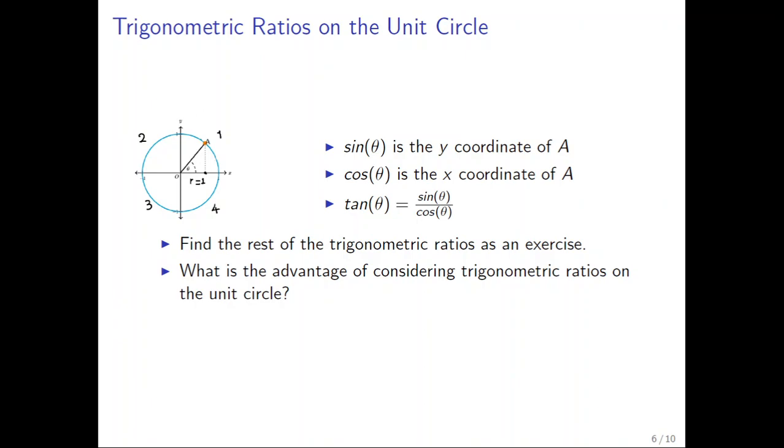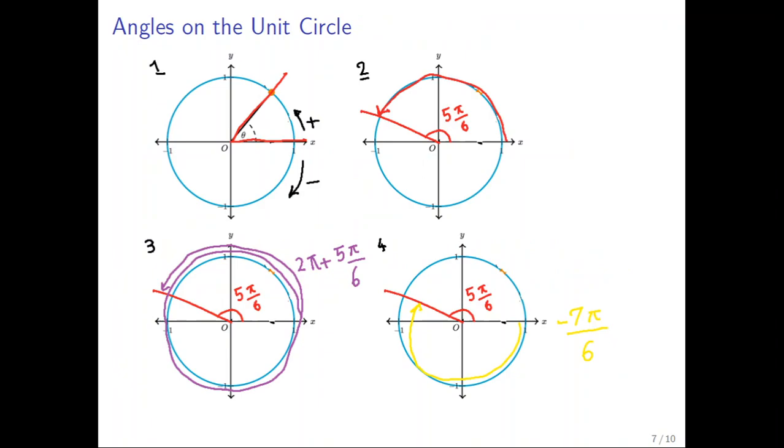The advantage of this way of calculating the trigonometric ratios over the triangle is that the angle can be larger than 90 degrees, or the angle can be negative. In order to see that, let's pick a direction on the unit circle. As you see here, in figure 1, the positive direction is shown, the negative direction is also shown.